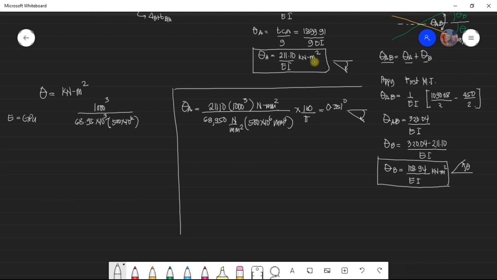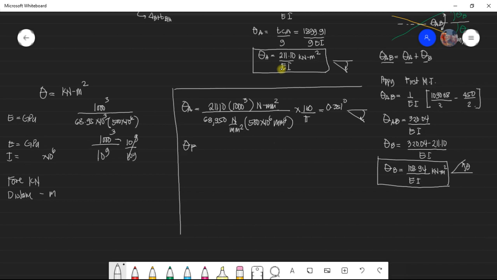Combined, it becomes 10 raised to 9, so they cancel. So to be consistent, as long as E is in GPa, I is times 10 raised to 6, force is in kilonewtons and distance is in meters, you can just write it like this.